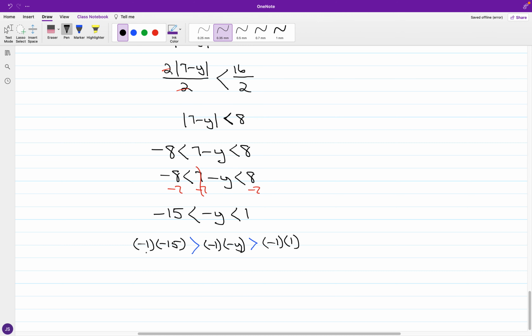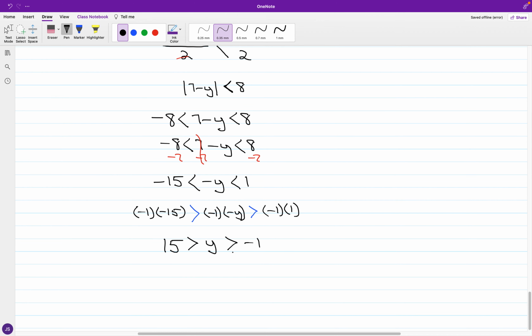All right. Following through, you have 15 is greater than y, which in turn is greater than negative 1. If I look at rank ordering from smallest to largest, y is greater than negative 1 is the same as saying negative 1 is less than y. 15 is greater than y is the same as y is less than 15.